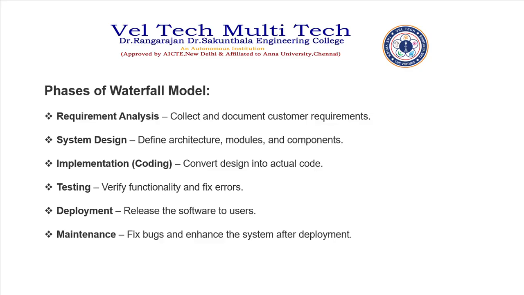Maintenance is used to maintain the software, three months or four months once. We have to address any needs of the customer about the project, that is maintenance. So these are the phases of the waterfall model.